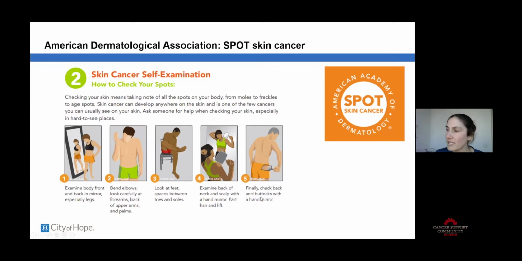And sometimes, if it was really a challenge for you to see certain areas, then maybe in that case, it might make a lot of sense to go ahead and have a mole check with a dermatologist, just to make sure you're not missing any areas. They also say to check your back and the buttocks, so just really covering all skin areas.